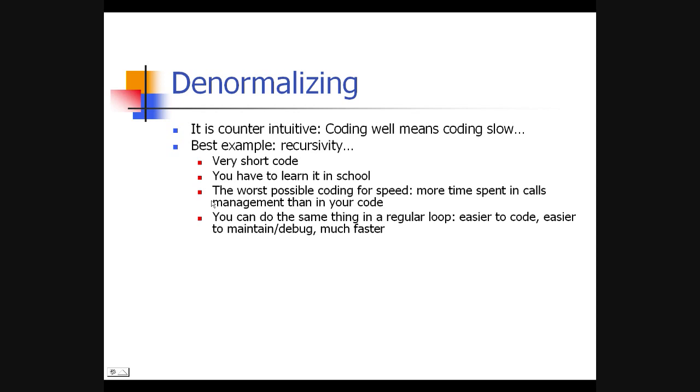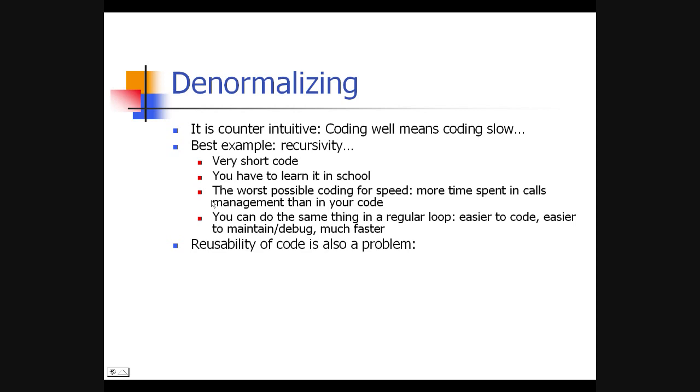But first you're going to spend a lot of time to code it and make it work, and then another lot of time to debug it, maintain it and modify it later. And worse, it's going to be 3 or 4 times slower than if you coded it in a regular loop. So that's one example.